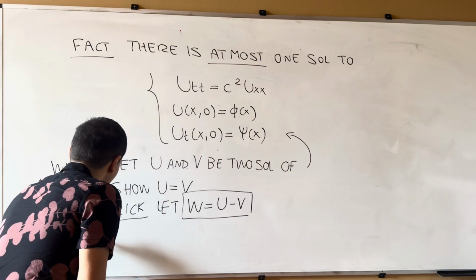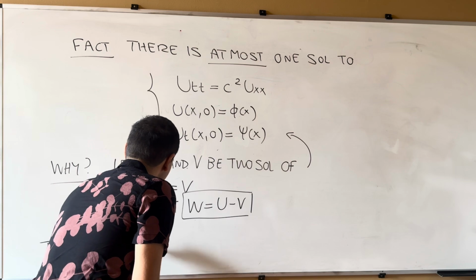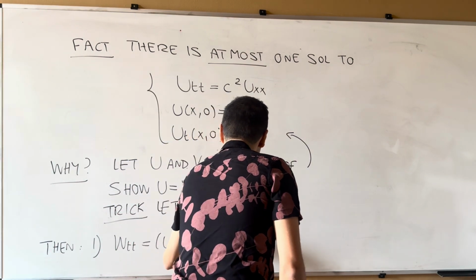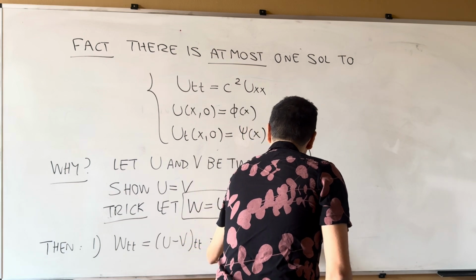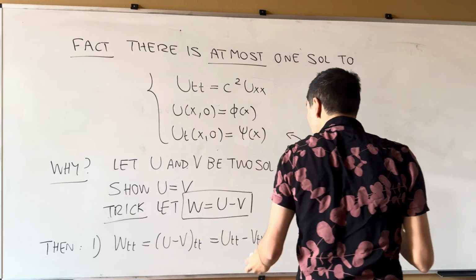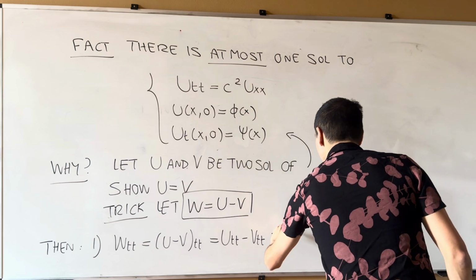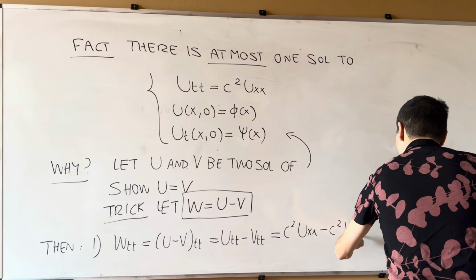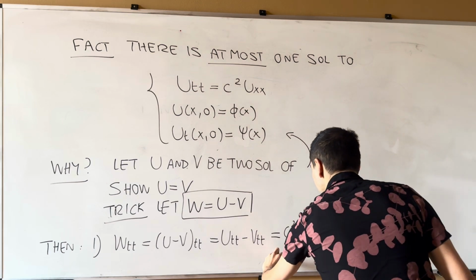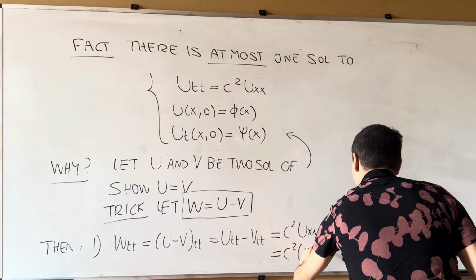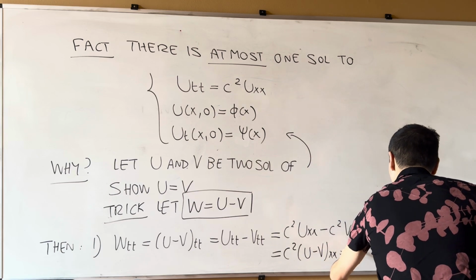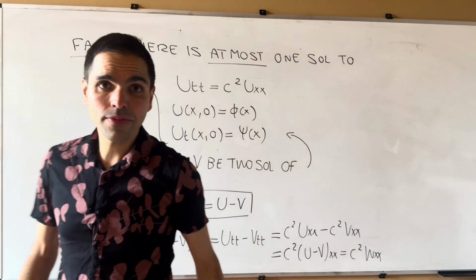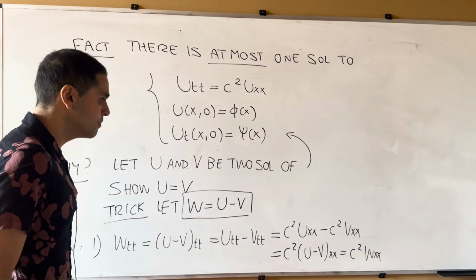So then, first of all, W_tt, that is (U minus V)_tt. So that's U_tt minus V_tt. But U and V solve the wave equation. So it's c squared U_xx minus c squared V_xx. So that's c squared (U minus V)_xx, which is c squared W_xx. So that's already good. W solves the wave equation.